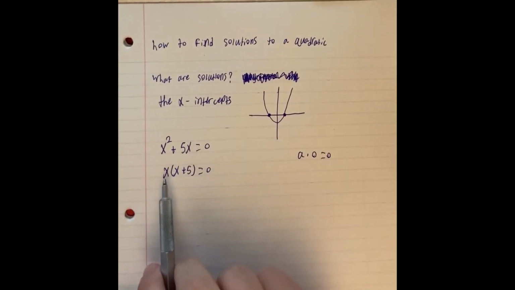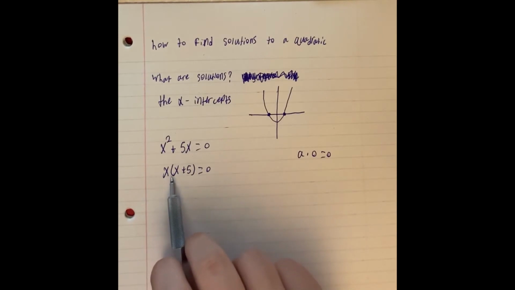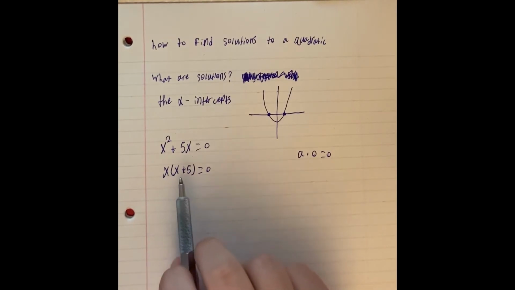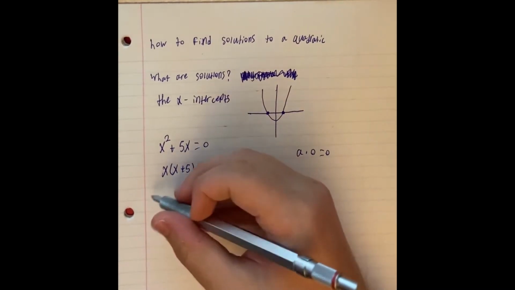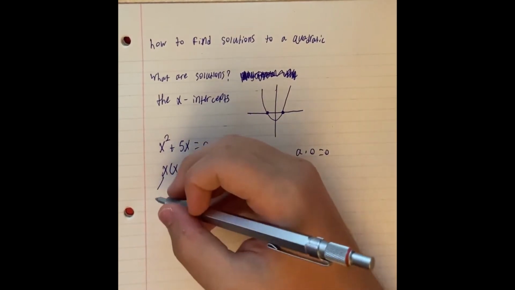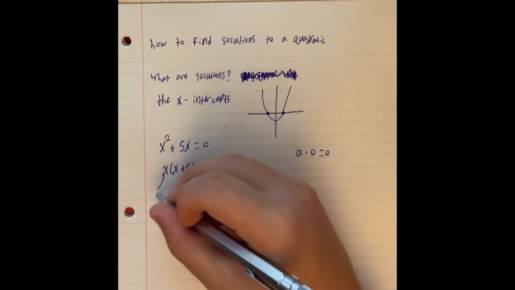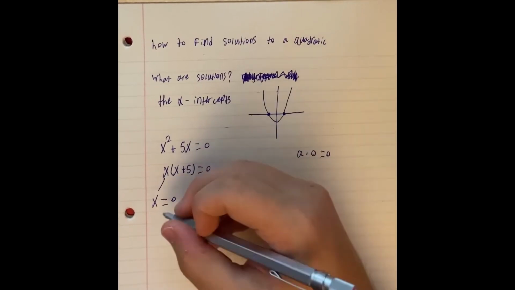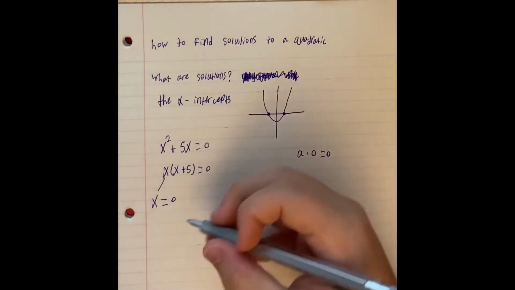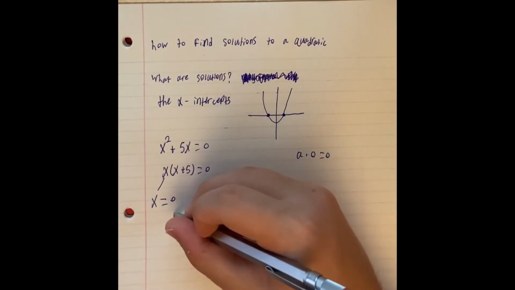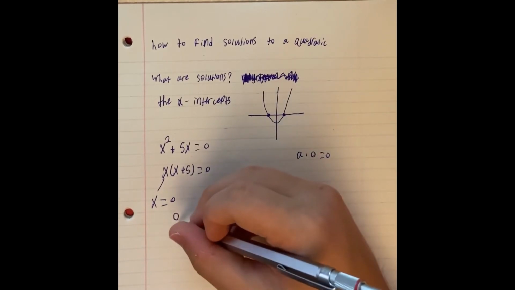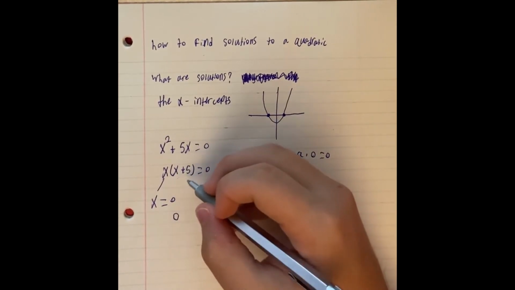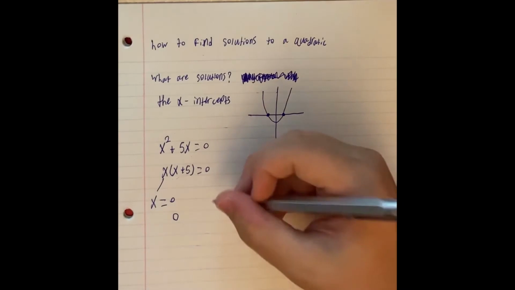So when we take this equation, we have x times the quantity x plus 5. If we take the x factor, what value of x makes x equal to 0? That's just 0, so one solution is 0. Now we take the quantity x plus 5.